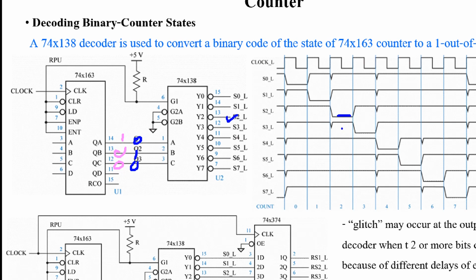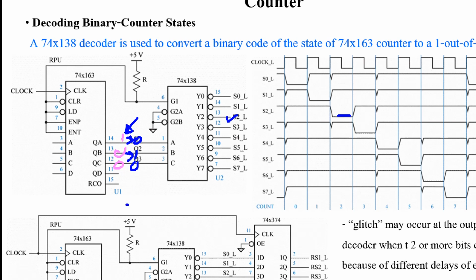Anyway, when it changes, in this example, this bit 1 changes to 0 and this bit 0 changes to 1. They may have different propagation delay times. That means if this bit changes faster, what happens?